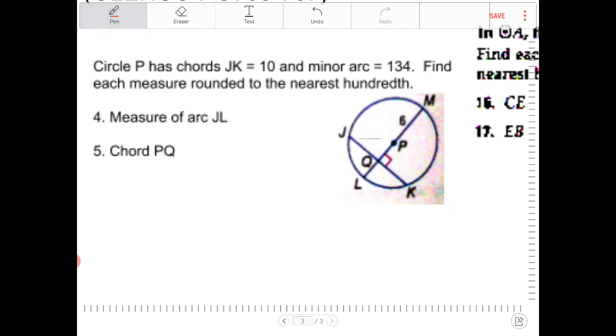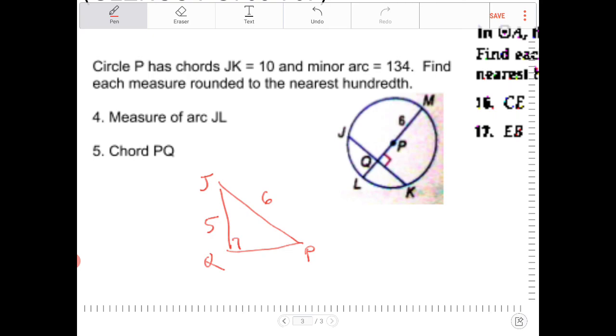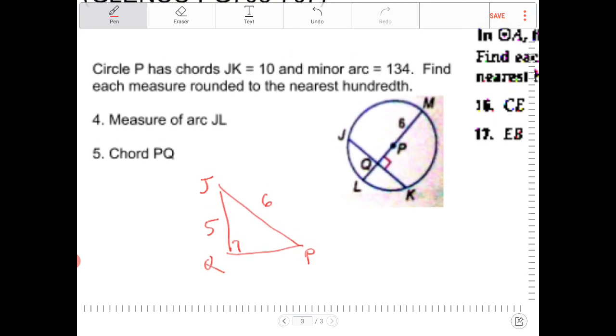So what I really have is, let me draw it out. So JQP. JP is 6, JQ is 5. So therefore I can find out what QP is. Or actually, I don't want to find out what QP is. I want to find out the measure of arc JL. So I need to know this angle over here. In order to do that, I need to apply sine.